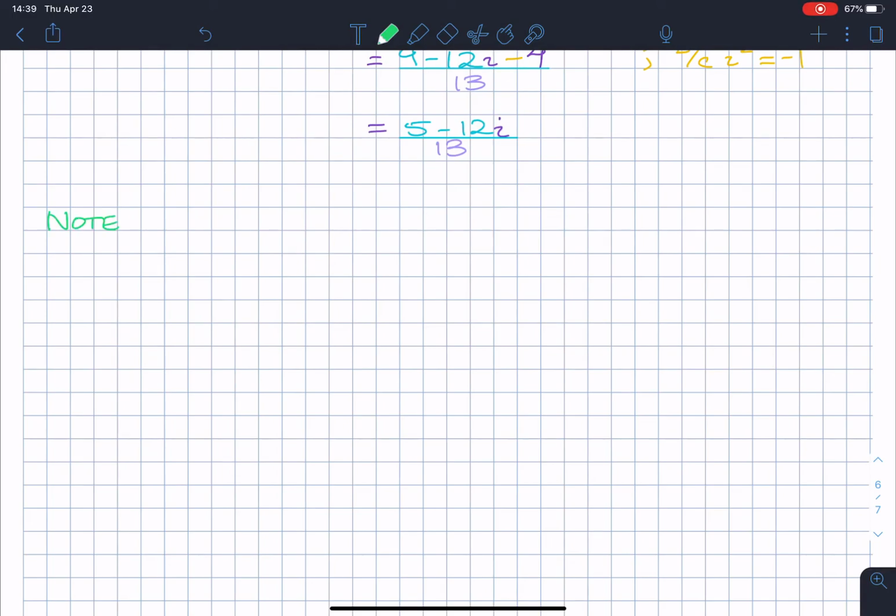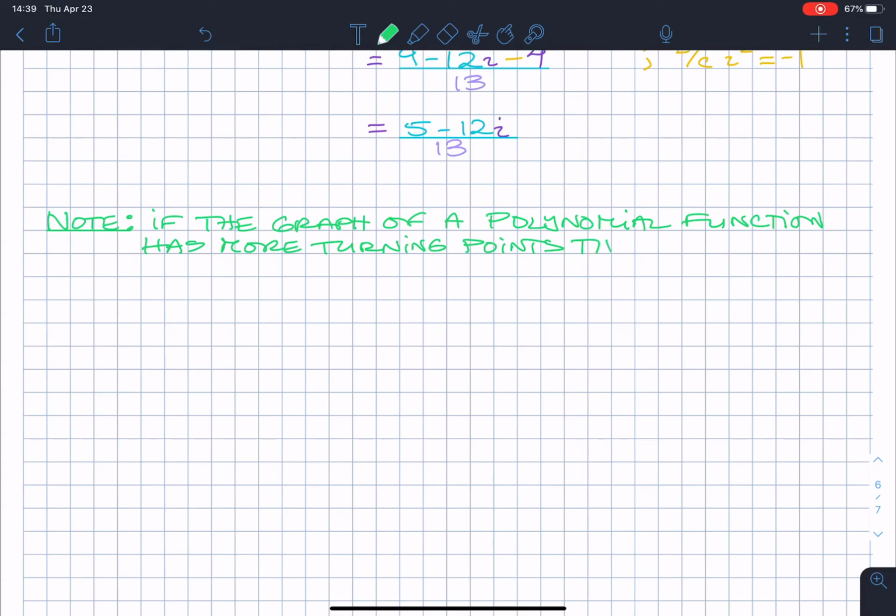If the graph of a polynomial function has more turning points than x-intercepts, then some of its roots are complex.